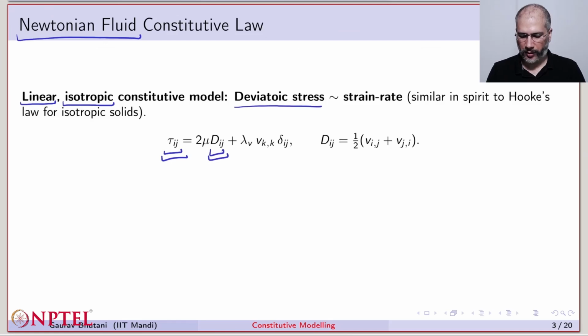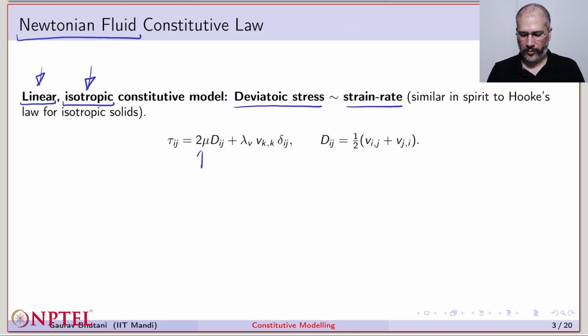So the deviatoric part of the stress is related to the rate of strain or the rate of deformation in fluids. And the reason is because in fluids, when you apply a shear stress, the fluid starts to flow or continuously keep straining. And since we're talking about a linear situation with isotropic material, the law exactly is the same as we had for linear isotropic elastic solids.